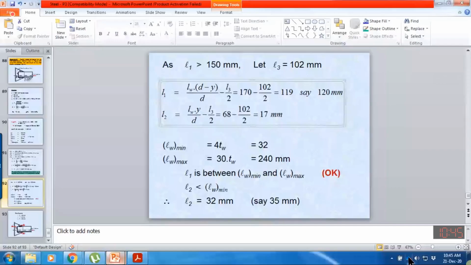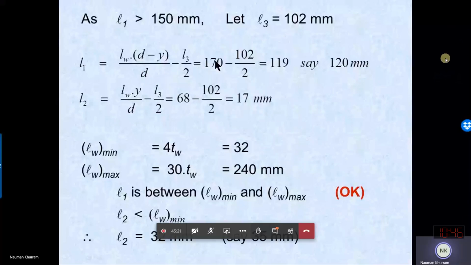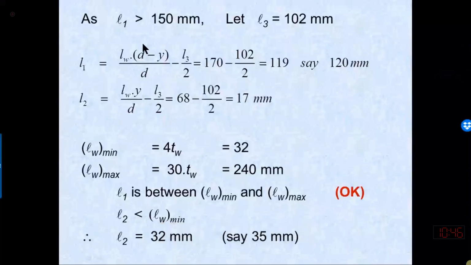So we are rounding this value to a multiple of 5 millimeter on the upper side, because weld is always provided in multiples of 5 millimeter in length direction. So that is 120. If you are computing the L2 value by this formula, this value you have already computed, 68 minus d by 2.